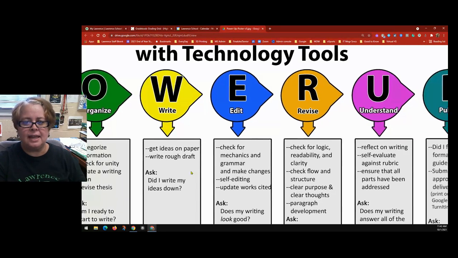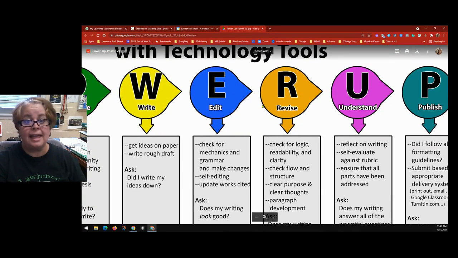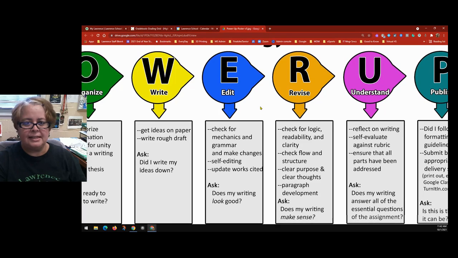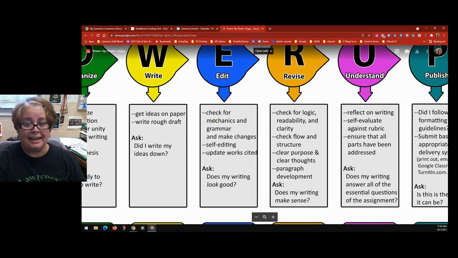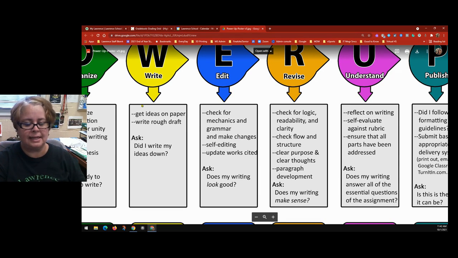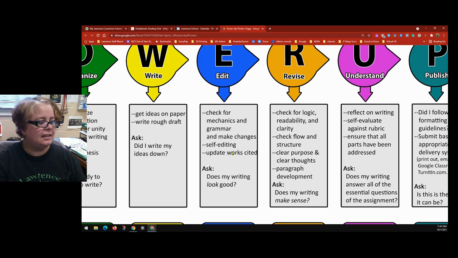The next two things are the edit and revise. They sound similar, but they're actually very different. In the edit phase, you're going to check for the mechanics and grammar and make changes to what you had written in the write stage. You're going to self-edit, so you're going to fix all the problems: misspellings, periods, capitalization.